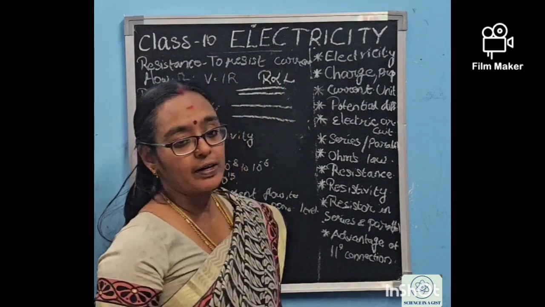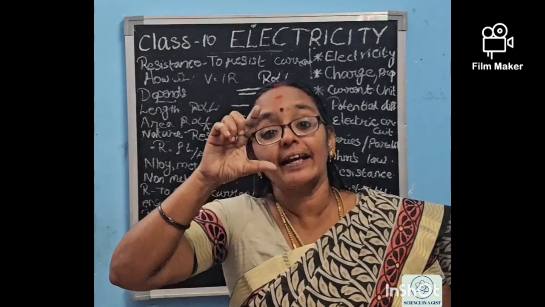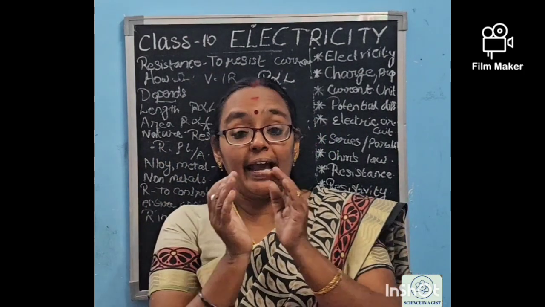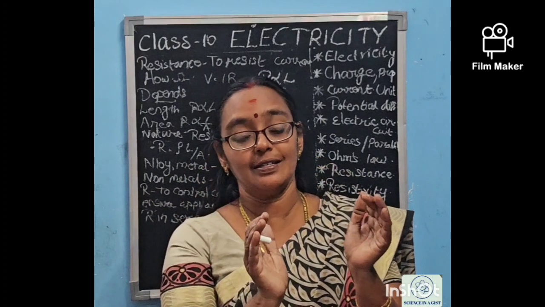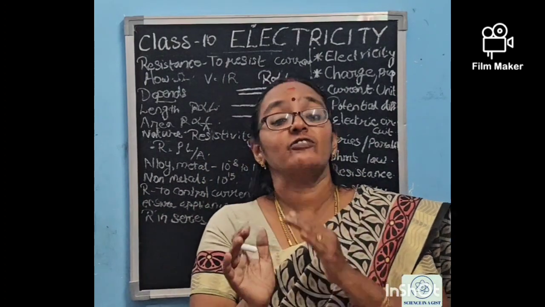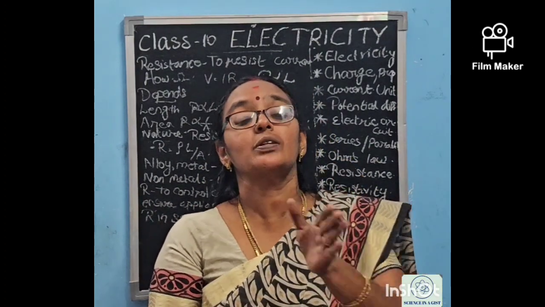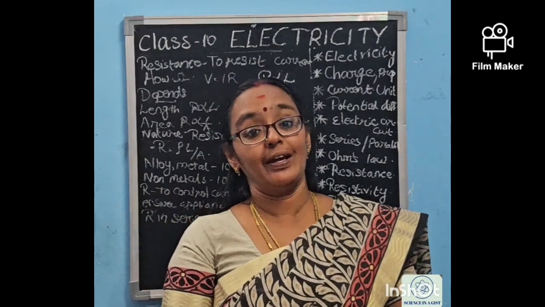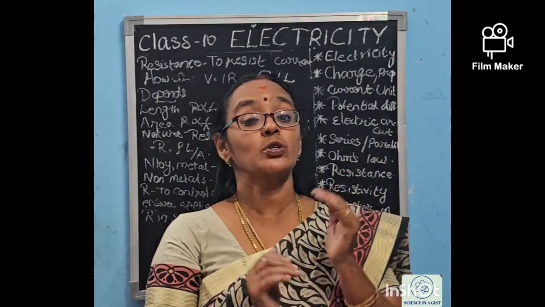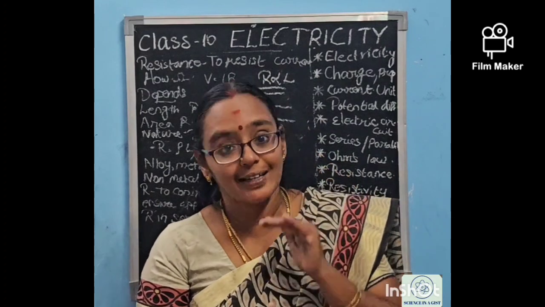Okay, second one. What happens if the area is increased? If the area of the conducting substance is increased, it means without getting collided, the electrons can pass freely. So resistance will increase or decrease? Resistance will decrease.